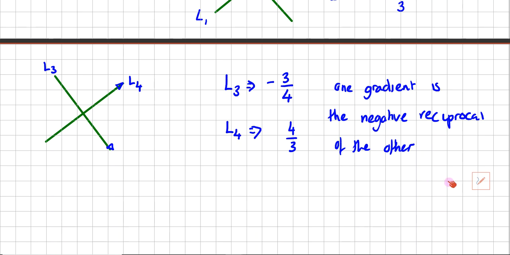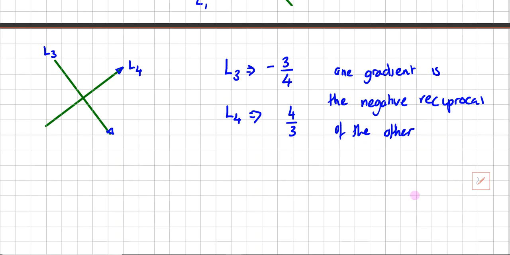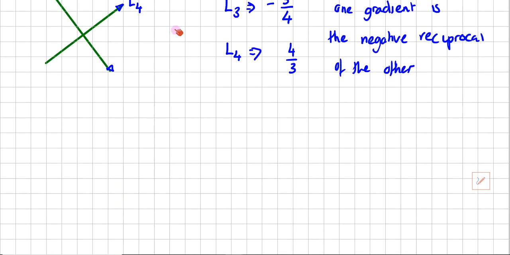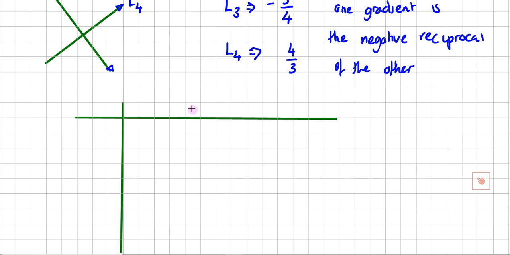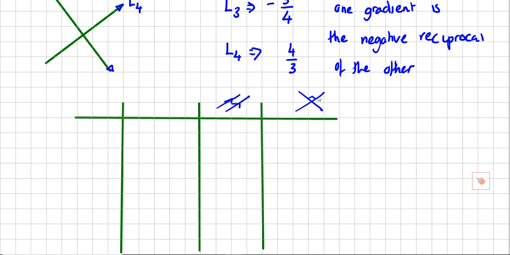Okay? So just to check then, I am going to write a little table. I'm going to give you the gradients of some lines, and you are going to tell me the gradient of a parallel line, and then the gradient of the perpendicular line.